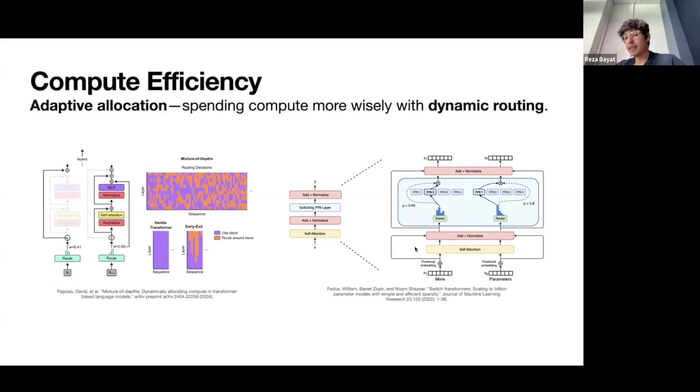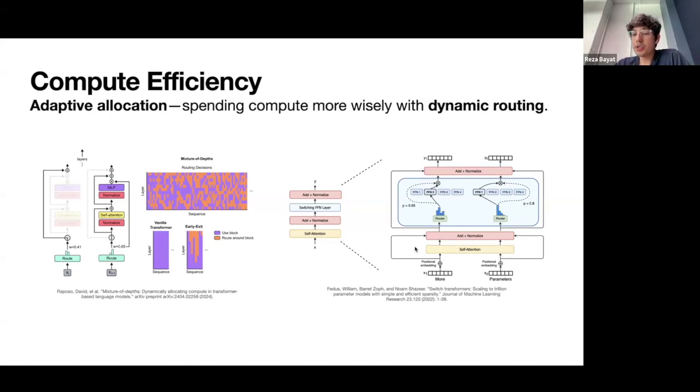A similar idea has been explored in Switch Transformer, or more recently mixture-of-experts, where we use the router strategy to define an appropriate set of experts for every token. We don't want a dense architecture.